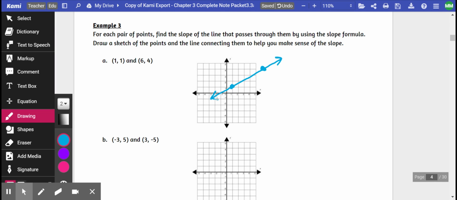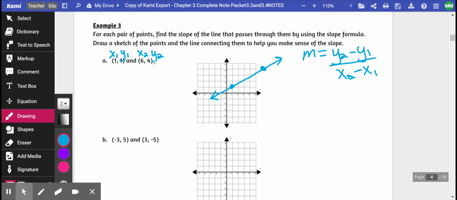So my slope formula is m equals y2 minus y1 over x2 minus x1. So my first point has my first x and my first y. My second point has my second x and my second y.